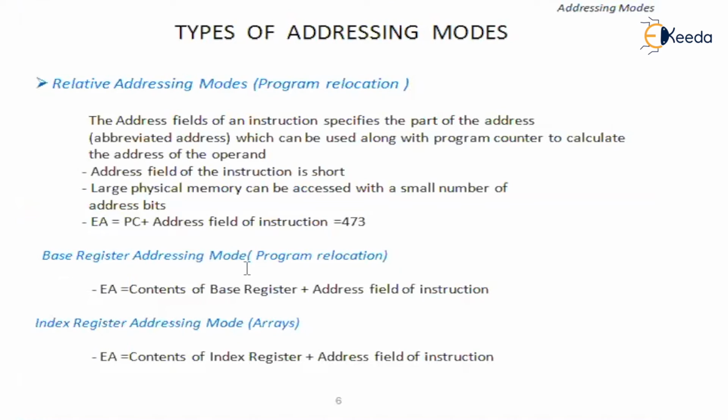That is, one is the base register and one more is the index register. Simple. The effective address in the base register addressing mode is nothing but the address part of the instruction added to the contents of the base register. But the effective address in the index register mode is the address field of the instruction added to the contents of the index register.